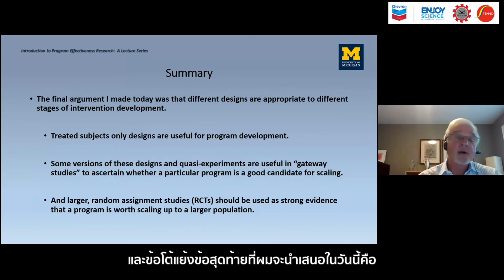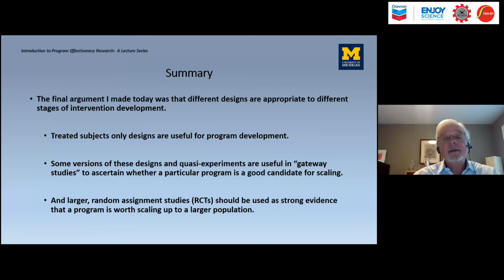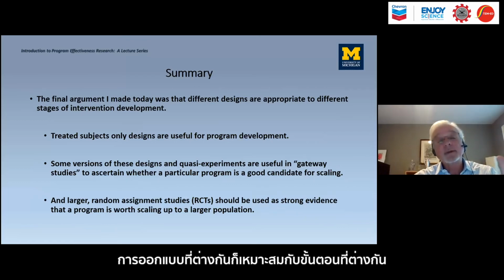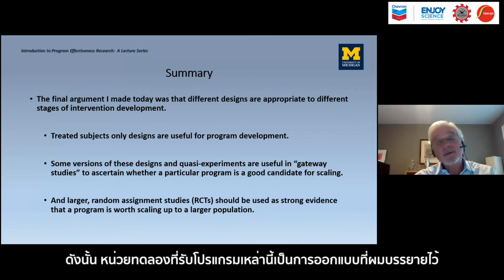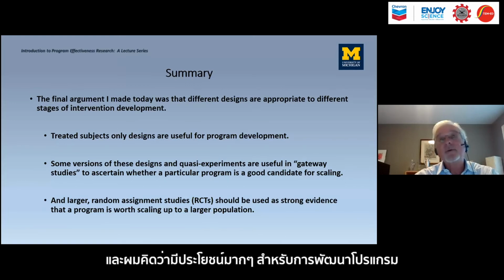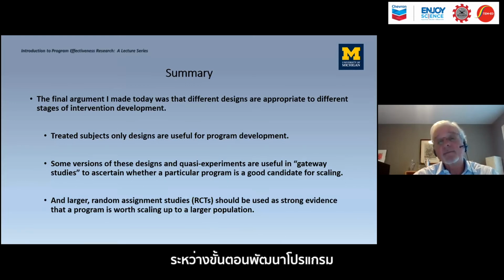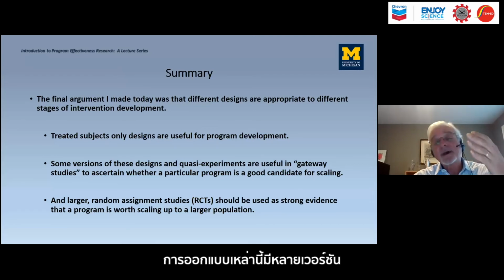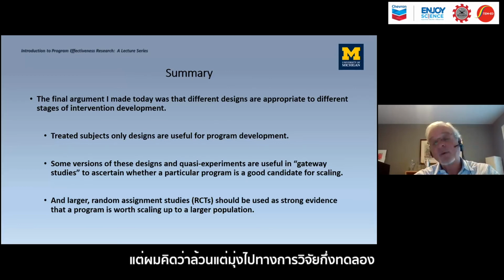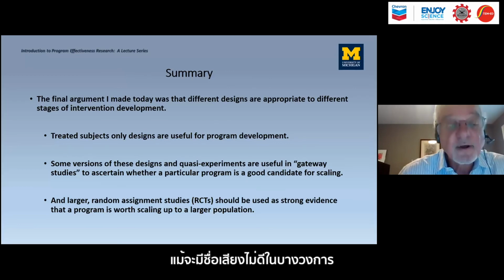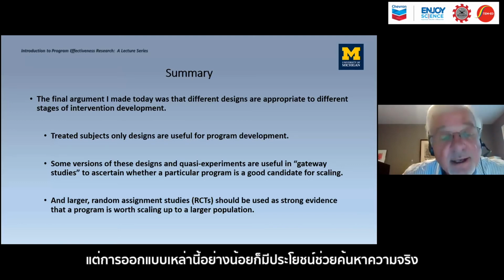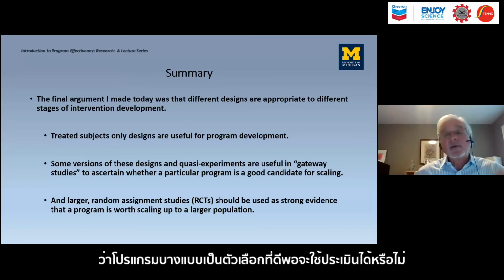And then the final argument I made today was that different designs are appropriate to different stages. So these treated-subjects-only designs that I described, I find very useful for program development. There are some versions of these designs, moving towards quasi-experiments, that, although they have a bad reputation in some circles, are at least useful to ascertain whether a particular program is a good candidate for scaling.